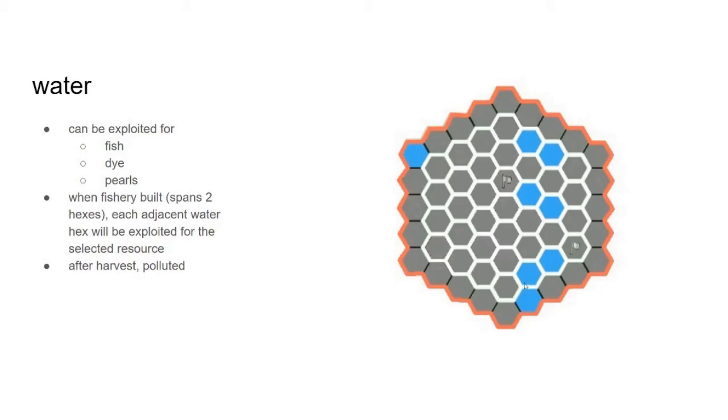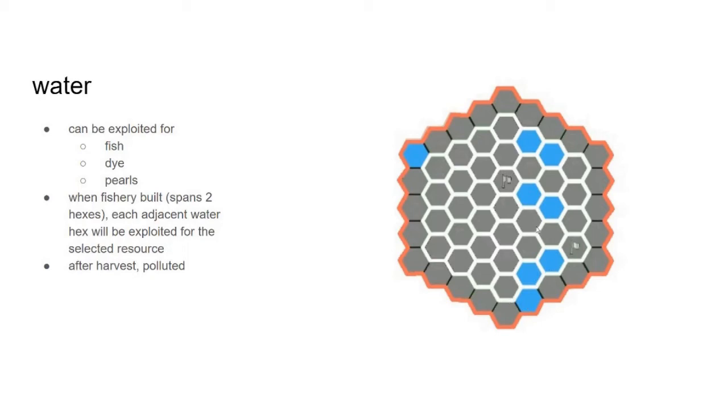So these 2 hexes are fish. And then I built a fishery here. This fishery is touching 3 water hexes, 1, 2, and 3. Now, even though this is adjacent to a fish hex, I could, with this fishery, let's say I'm harvesting pearls. So I could do pearl, pearl, pearl, fish, fish by using two different fisheries.